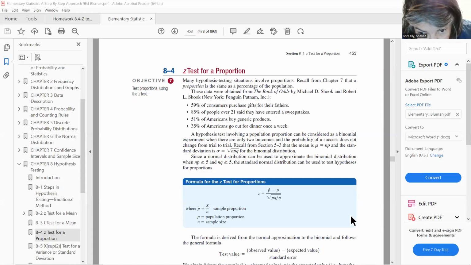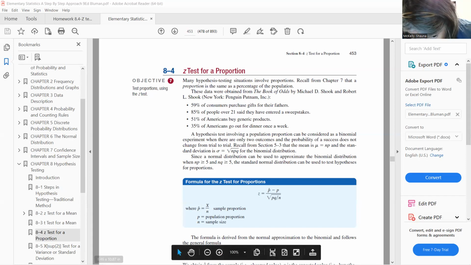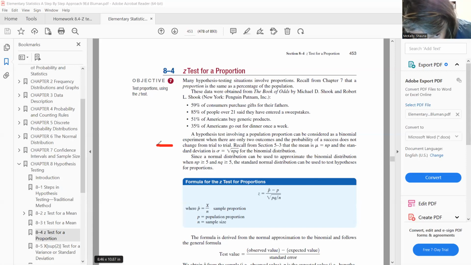Okay, here is the relevant material from your textbook. There are some examples here of proportions. If you look down below the paragraph where they give you the proportions, it gives you the assumption. So let me read it for you.